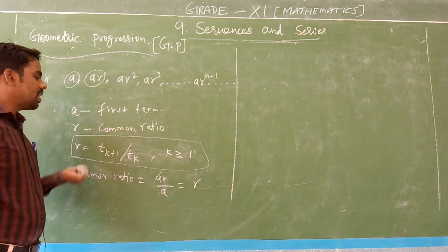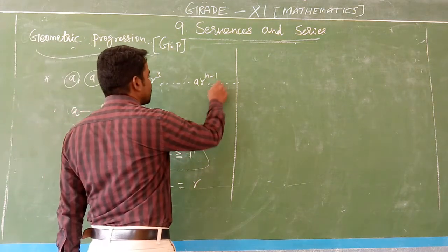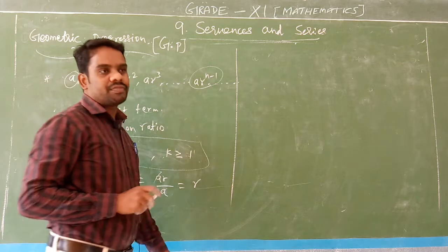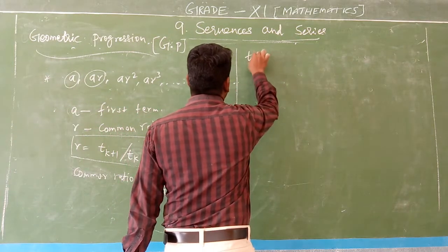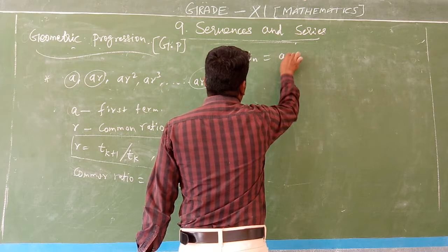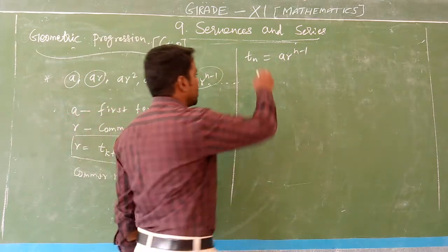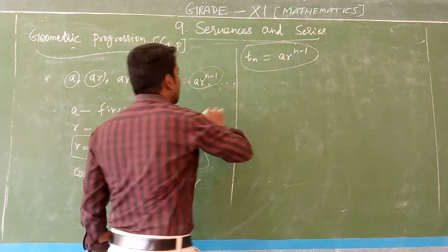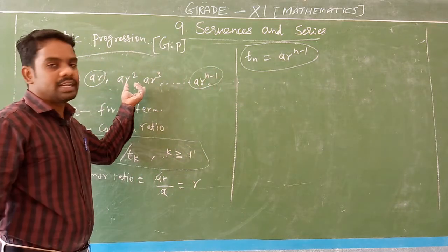a is the first term and r is the common ratio, and a r power n minus 1 is the nth term of a given geometric sequence. The nth term, that is Tn, is equal to a r power n minus 1. Suppose we have a finite geometric sequence.